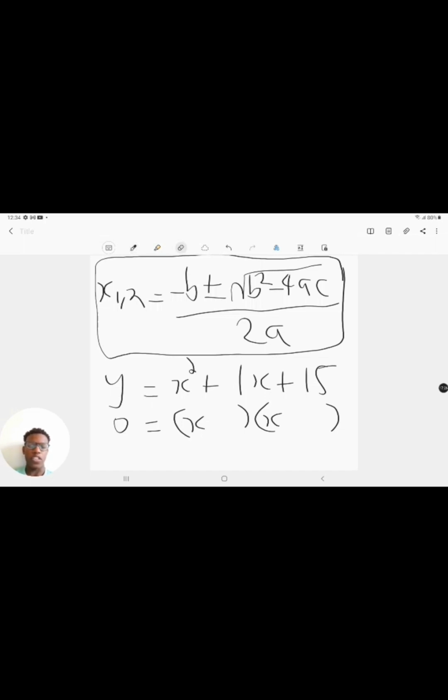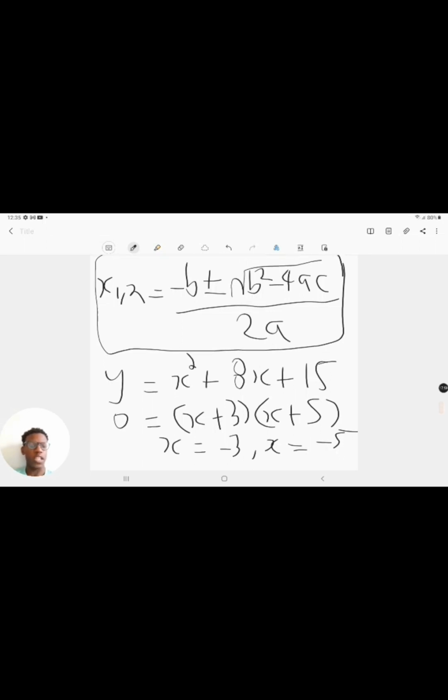Just to make this easy, let's use 8 instead of 4, so that we have a nice number. So I'm going to use 5 and 3. I just manipulated this example so that it works out nicely. So for this equation, y = x² + 8x + 15, my x-intercepts are x = -3 and x = -5. I just found my x-intercepts for this quadratic equation.